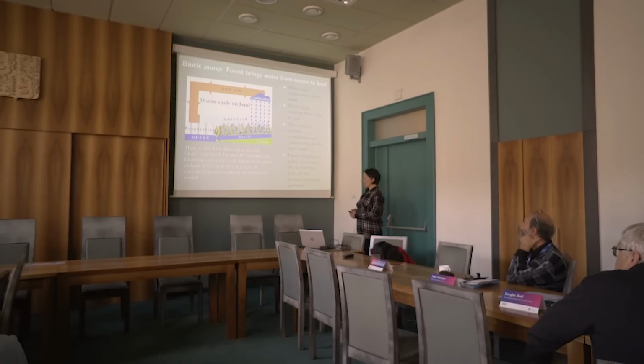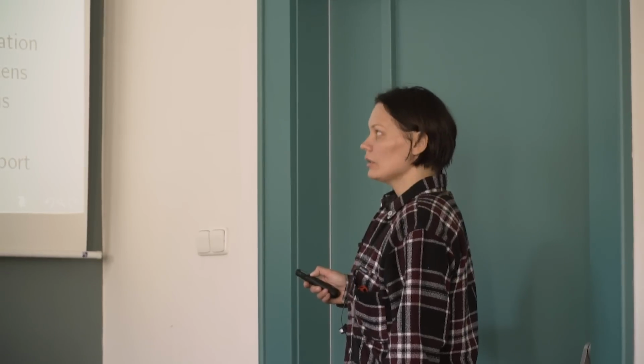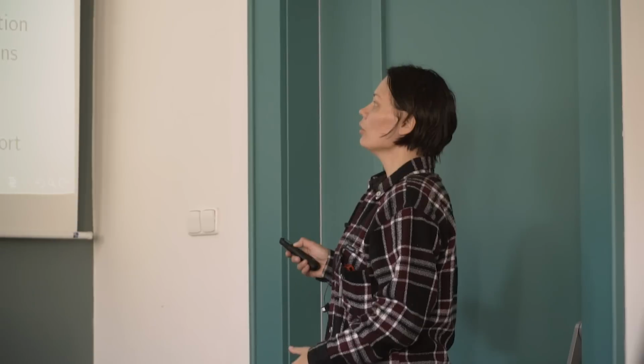So, I will just briefly tell you what the biotic pump is about. And to understand that, we need to understand the quantitative aspects of the water cycle on land. As we all know, as land is elevated over the ocean, most of the water that exists on land goes down due to gravity.